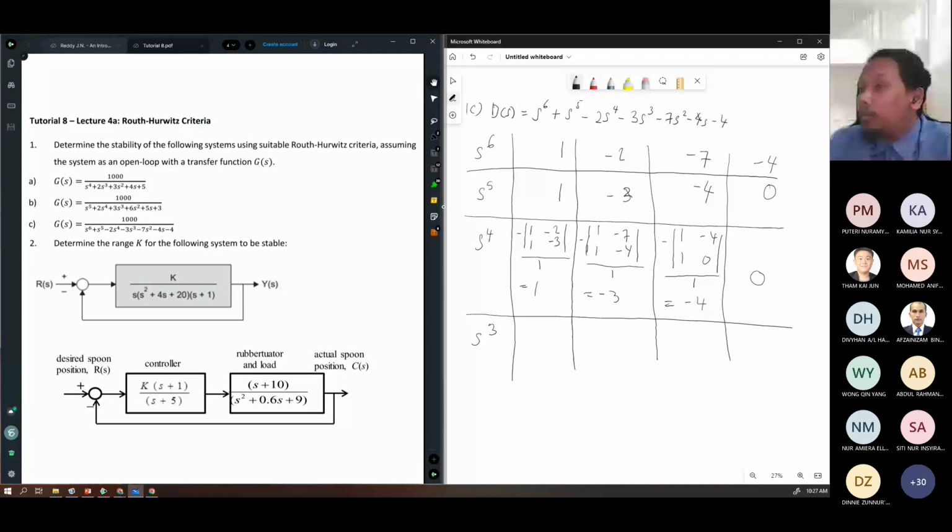So from row S3, if you calculate later, you will get all zero in this row.